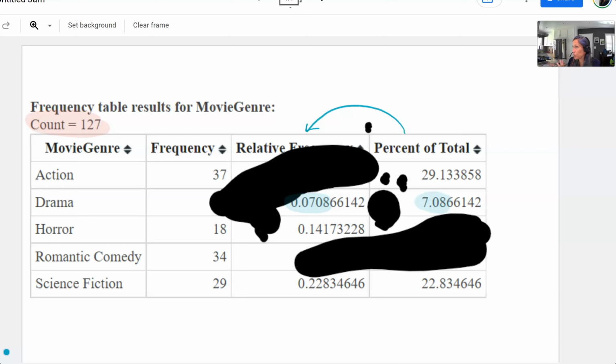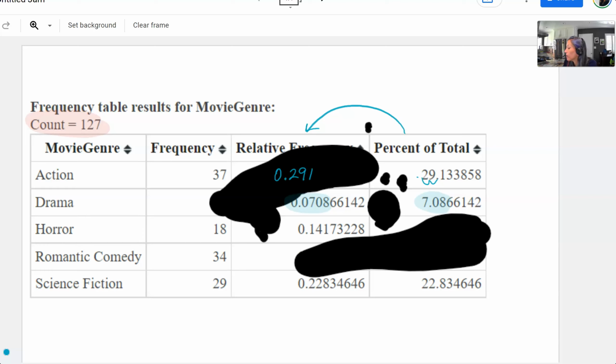So we're just multiplying by 100 to get to our percents and dividing by 100 to get to our relative frequencies. So for this first one, we could move that decimal twice or divide by 100 to change that 29.1% into a relative frequency.